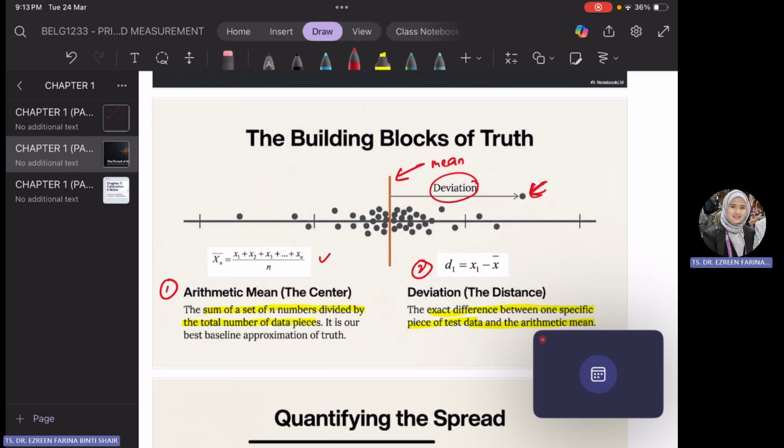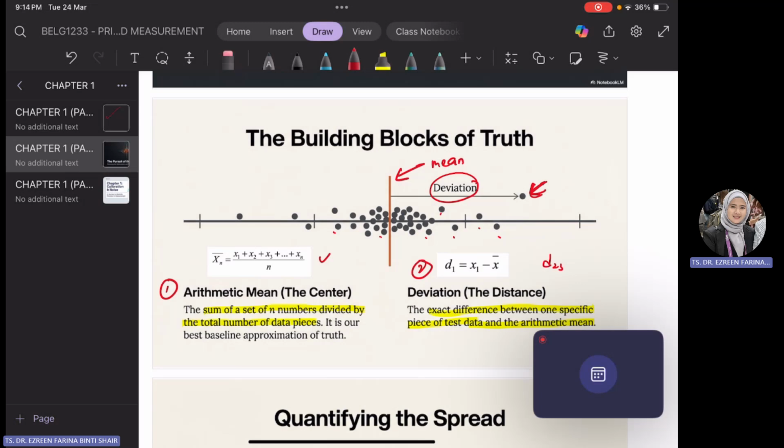Over here we have so many data, and for each data point we can calculate its own deviation. For example, if we have 23 data, we can have up to D23.